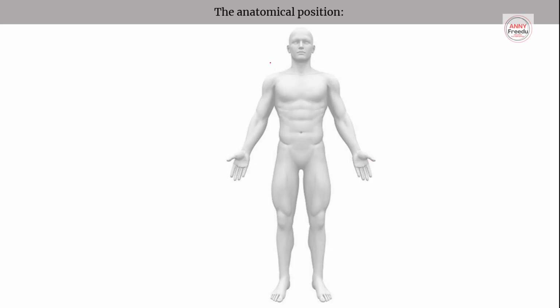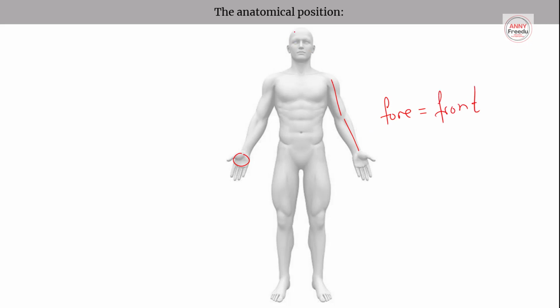Before we proceed, I need to tell you why we use palms facing forward and not the back part of a hand to face forward in anatomical position. For that, I need to tell you that upper limbs are divided into 3 parts: arm, forearm, and hand. Prefix fore is similar to front.